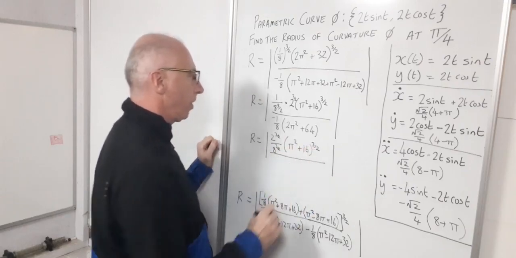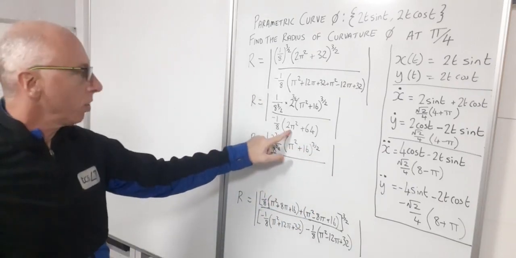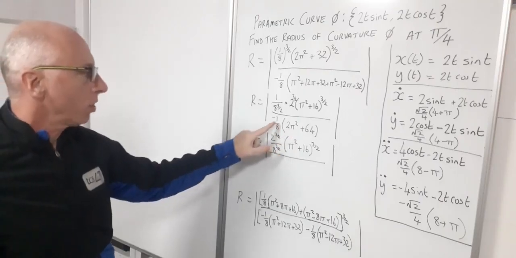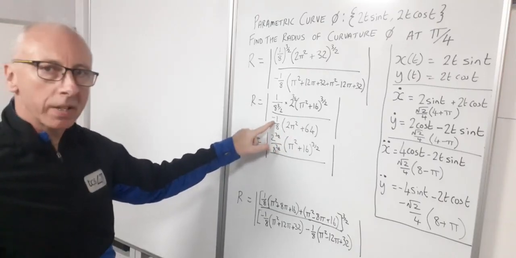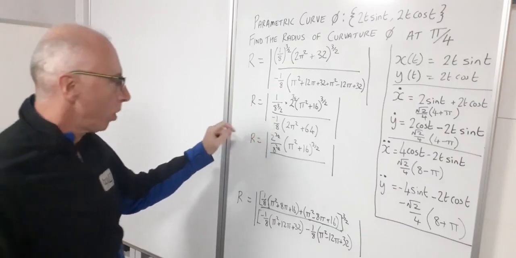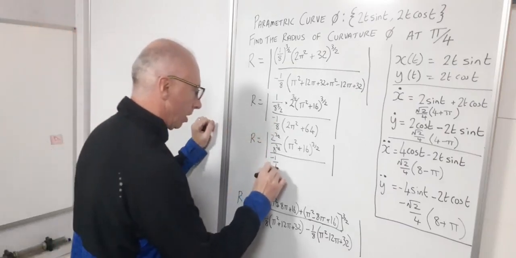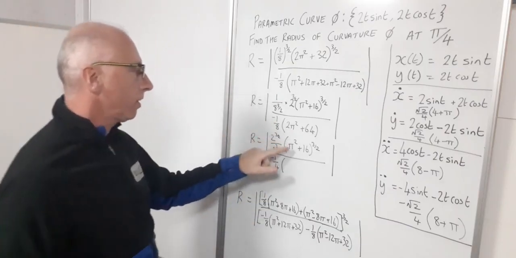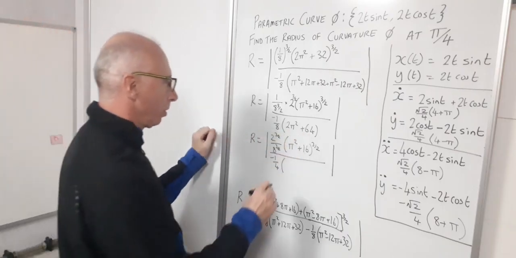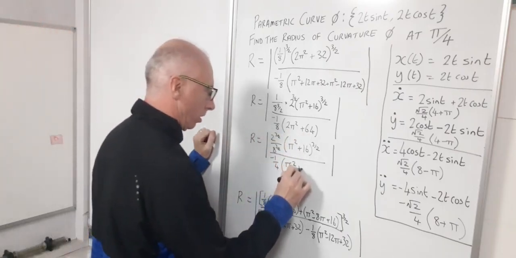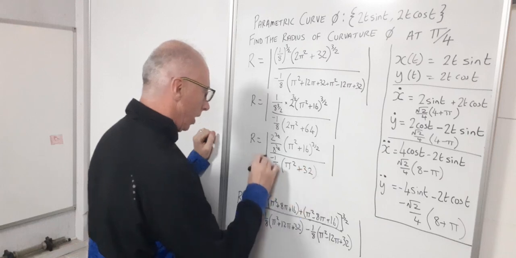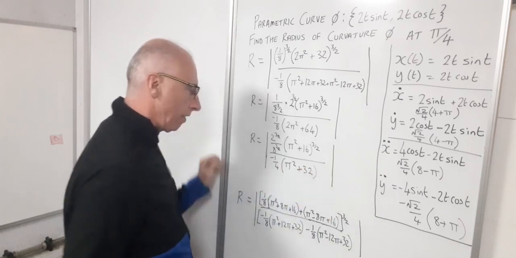Then we divide all of this. Right, let's take a 2 out of this. If I take a 2 out of that, I'm essentially multiplying this by 2, which will give me minus 1 over 4, and that's going to leave me with pi squared plus 32. Okay, that takes care of that.